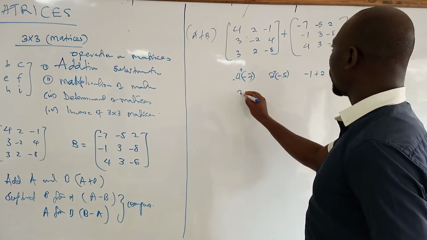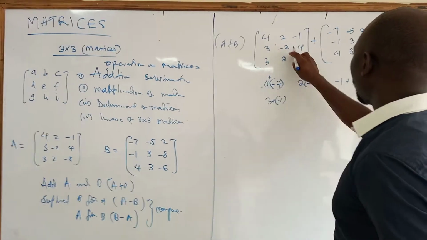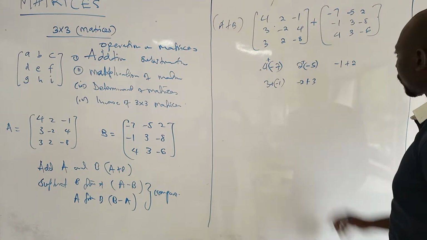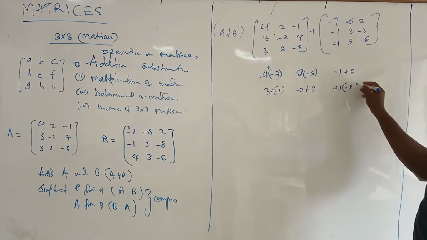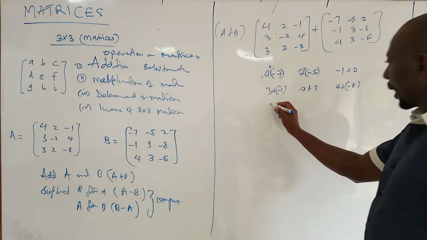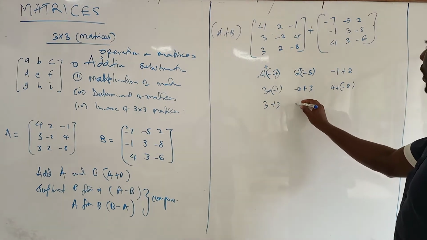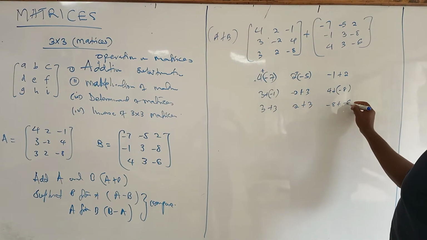Here we have 3 plus -1. Here we have -2 plus 3. And here we have 4 plus -8. Then we have 3 plus 4, then 2 plus 3, and -8 plus -6.